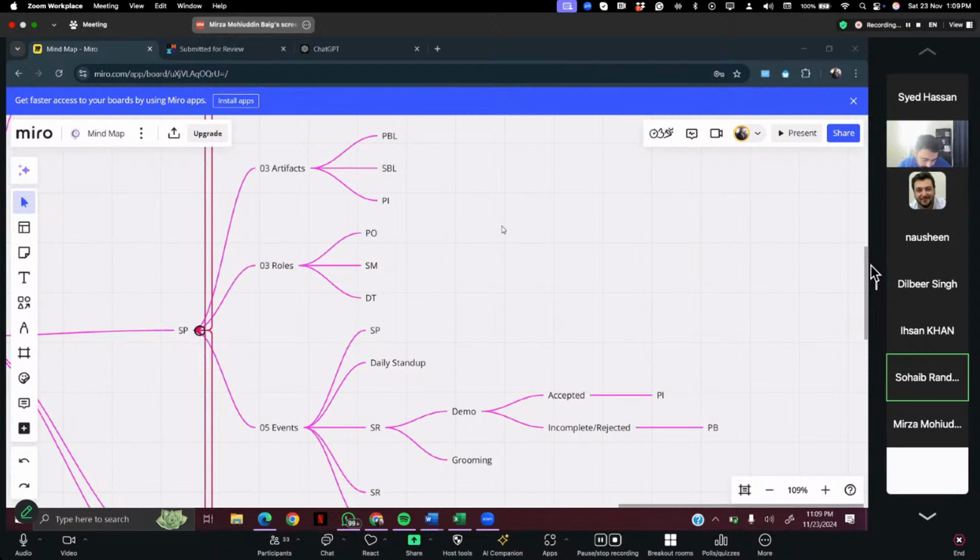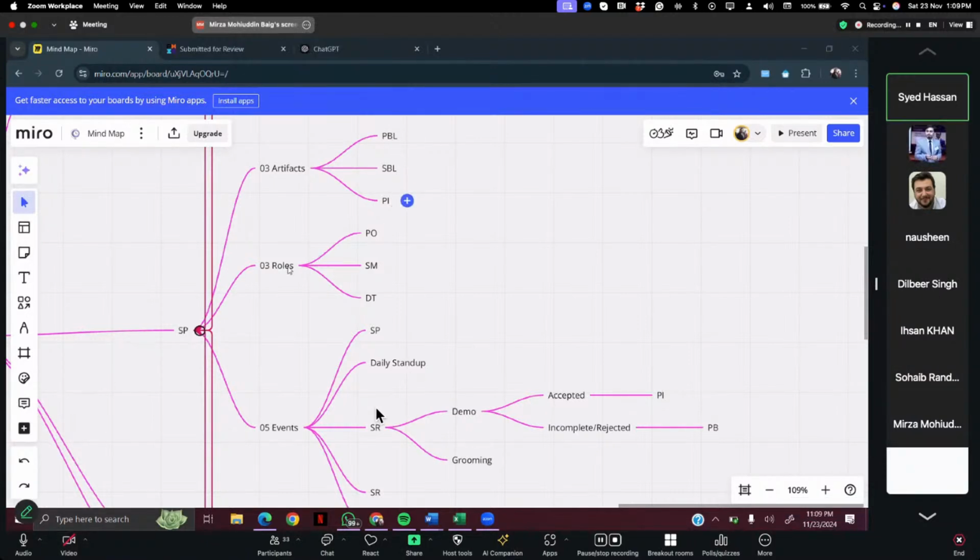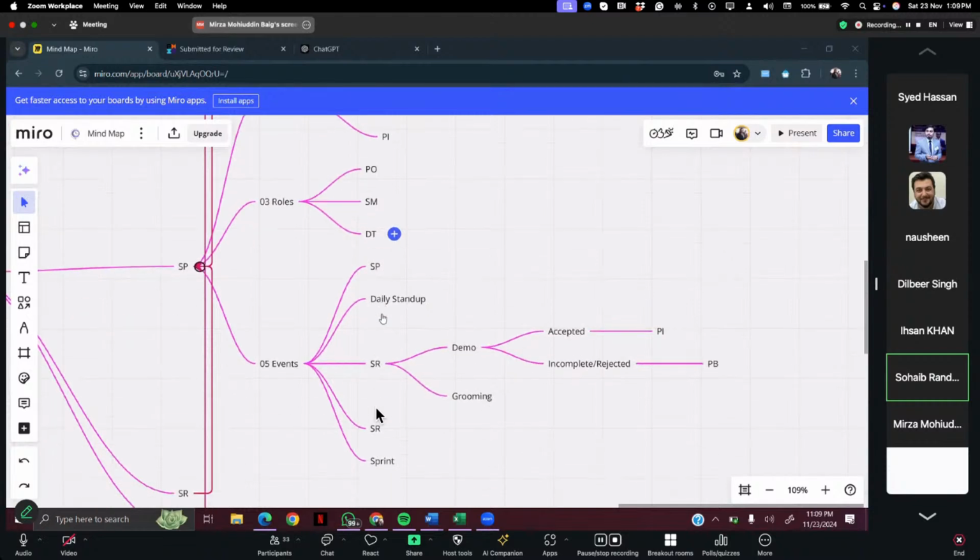Under Scrum, we had different things like three artifacts, three documents, which are product backlog, sprint backlog, and product increment. We have three roles: product owner, Scrum Master, and dedicated team. And then we have 5 events. One is Scrum planning, daily stand-up, Scrum review, and Scrum retrospective.